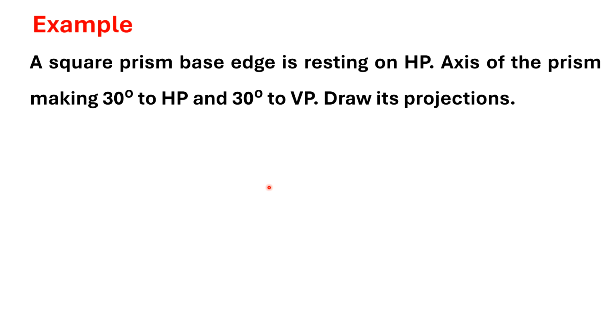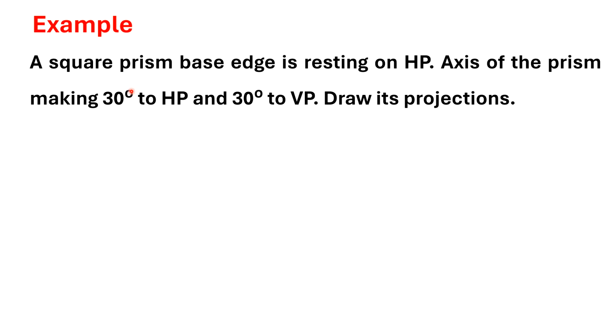Now imagine the square prism with its base edge resting on the horizontal plane. When the base edge is resting on the horizontal plane, we can easily make the base parallel to the horizontal plane. It is not so easy to make the base parallel to the vertical plane, because again we need to bring the base edge resting on the horizontal plane.